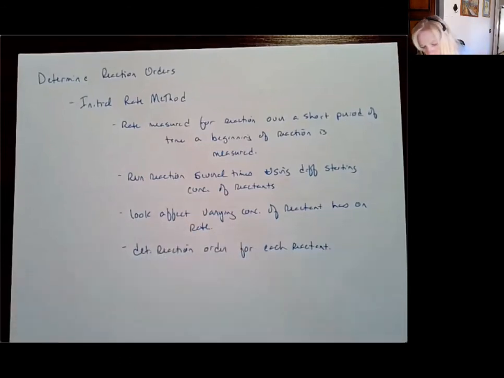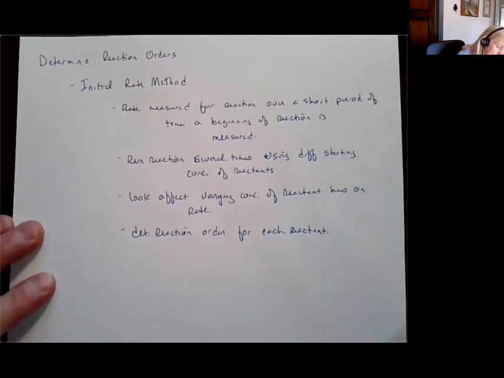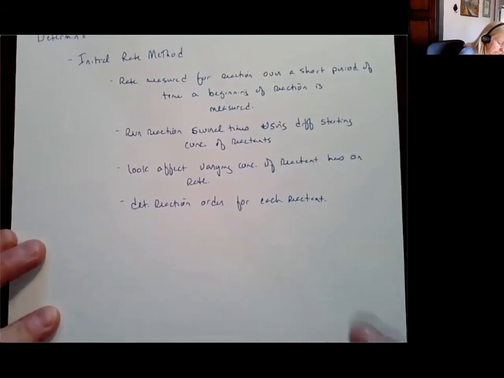So it sounds really complicated, but this initial rate method is really very simple when you start to look at it. One of the things that you're going to see is a graph or a table that looks like this for the initial rate method.